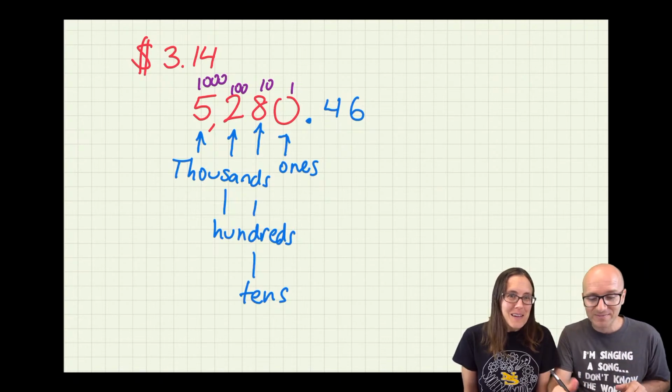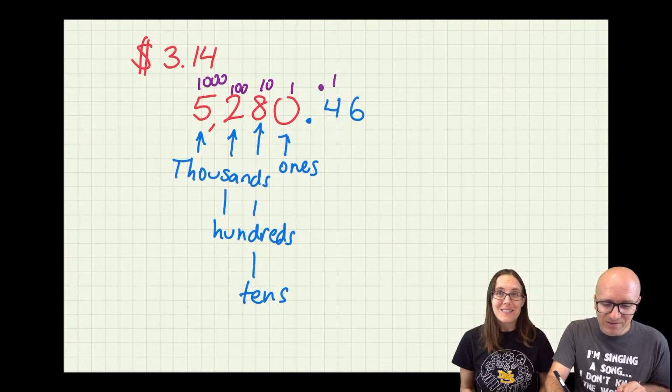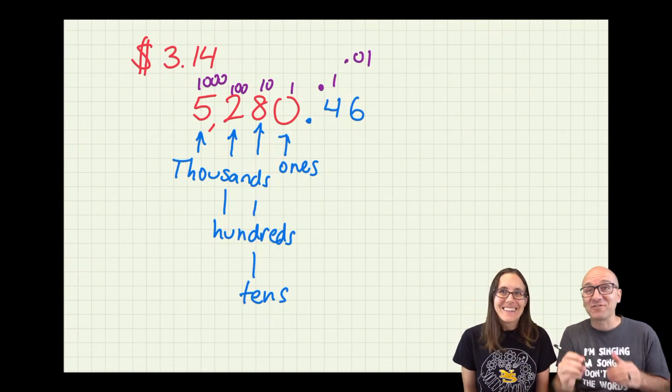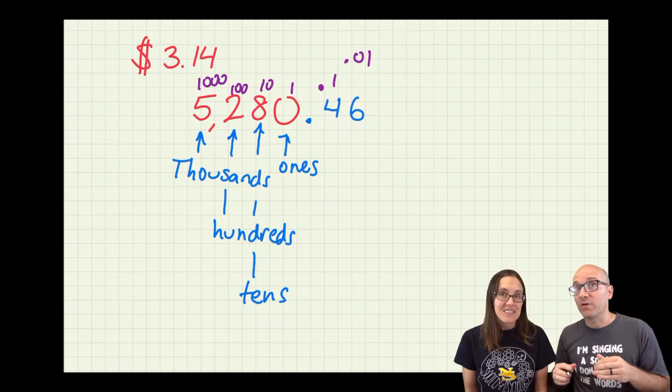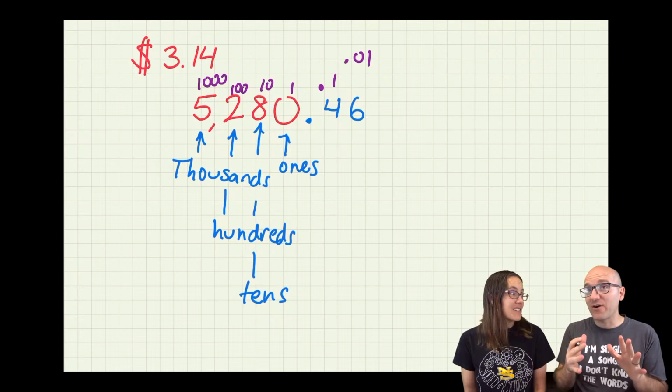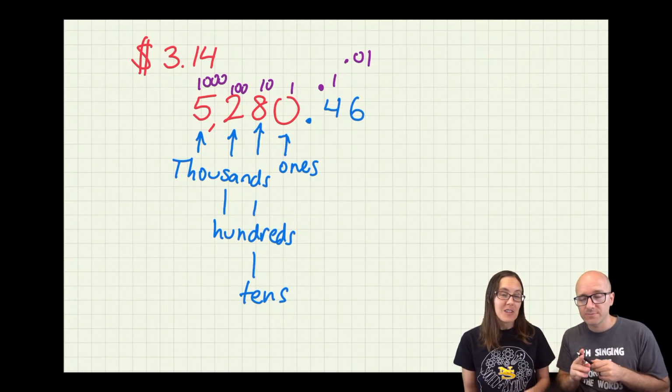And after that are the 100ths, so 0.01. If you're thinking about dollars, then we're thinking about cents. How many cents are in $1, Science Mom? 100.